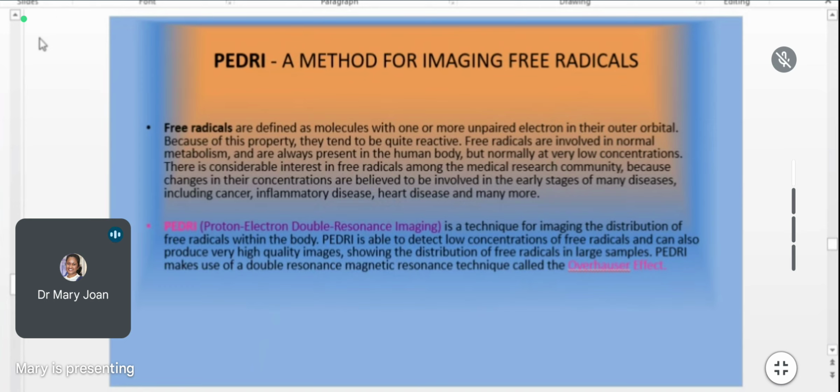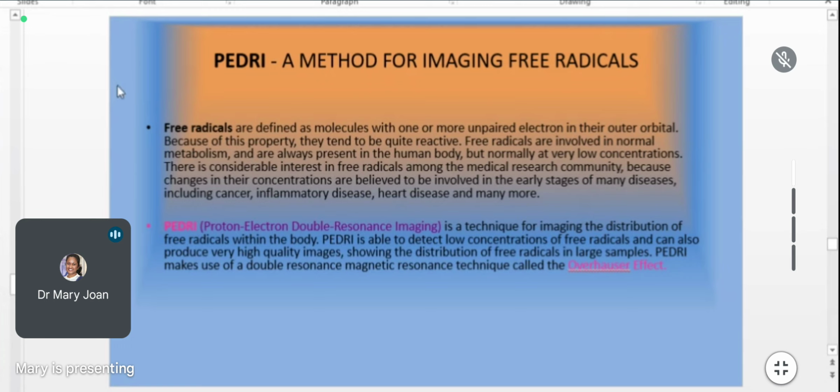So because of this property, they tend to be quite reactive. Like we have studied in school, free radicals are very active particles because of the unpaired electrons in the orbital.